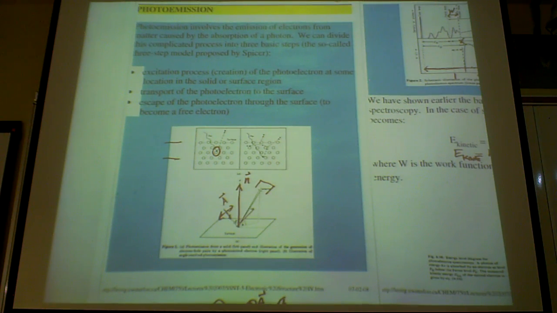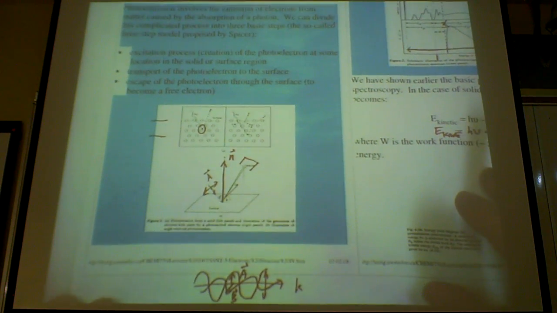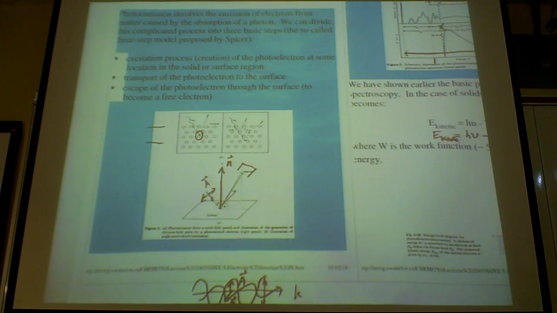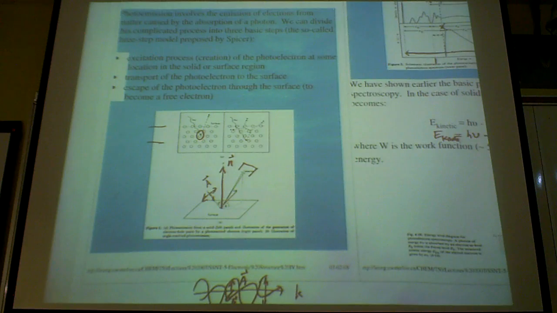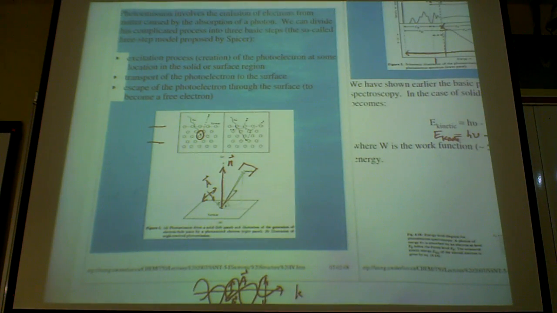That's the process. In the case of surfaces, people have been thinking about the fundamental process: physically, what happens after the absorption of the photon. There was a model proposed by Bill Spicer, who used to be at Stanford, now retired, who did a lot of work in the early days of gallium arsenide research.